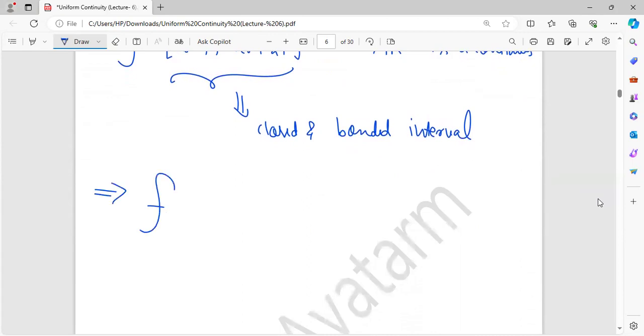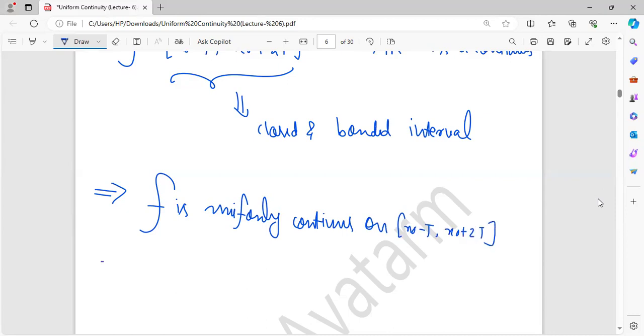So f is uniformly continuous on x naught minus t, x naught plus 2t. This implies f is uniformly continuous on R. Hence the theorem is proved.